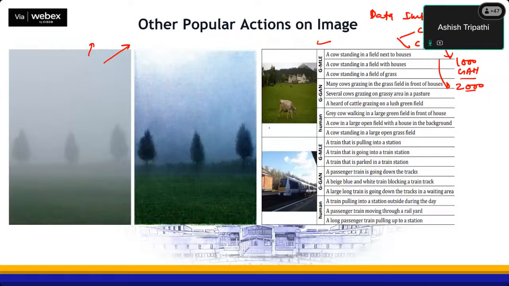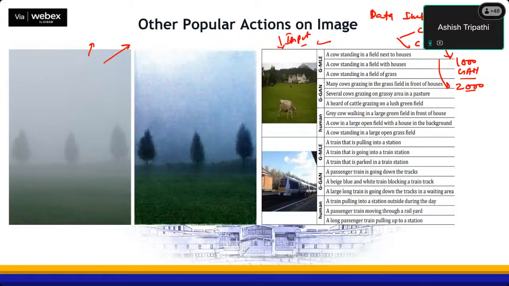Not only this, if we want image captions, if you want to describe some image, we can also do that using generative adversarial models. For example, this is the input image that we have given to a particular GAN based model.